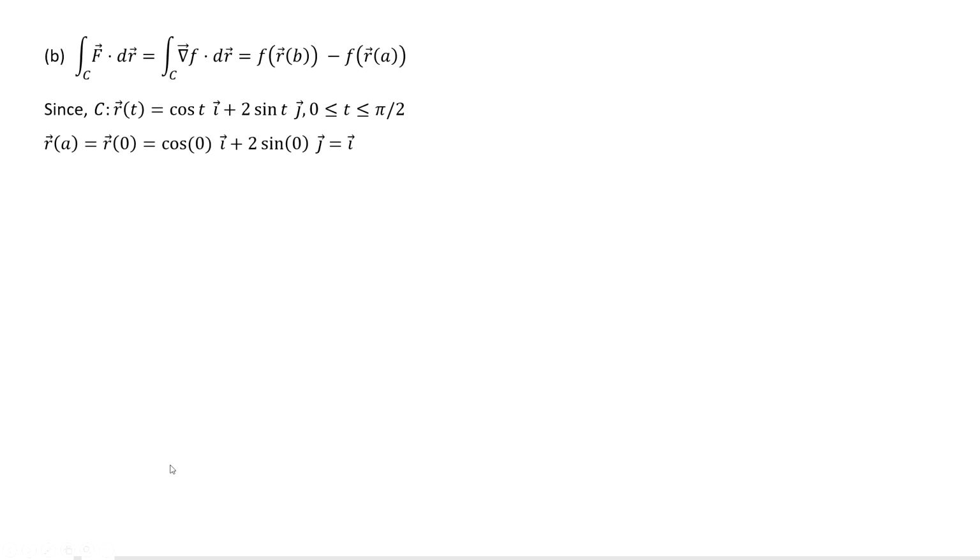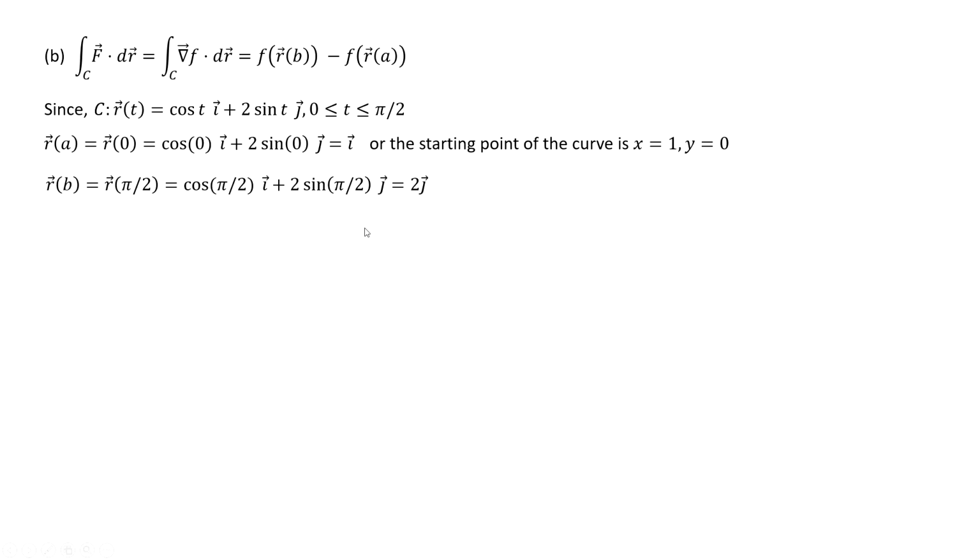You agree? So in order to find f of r of b, we need to say what r of b is in terms of x and y values. And that's exactly what we are doing. r of b corresponds to x equals 0, y equals 2.